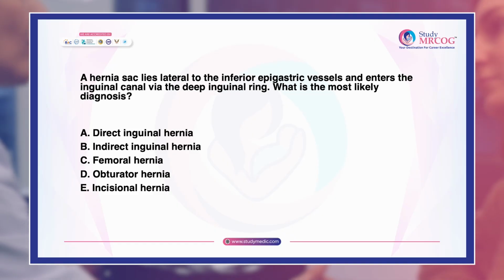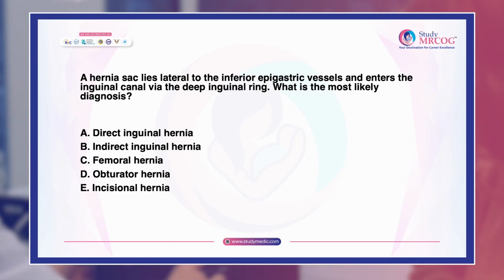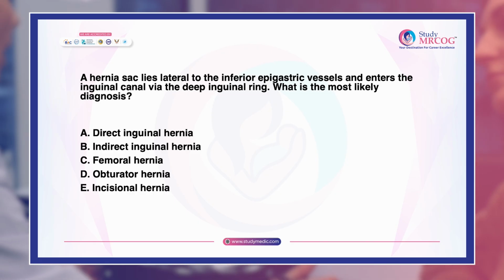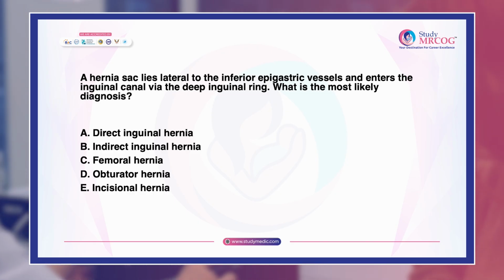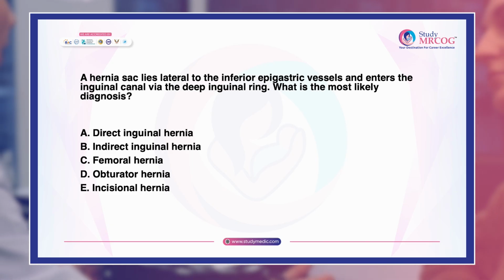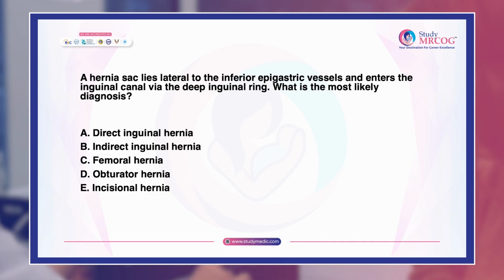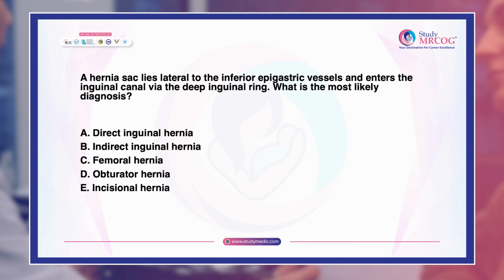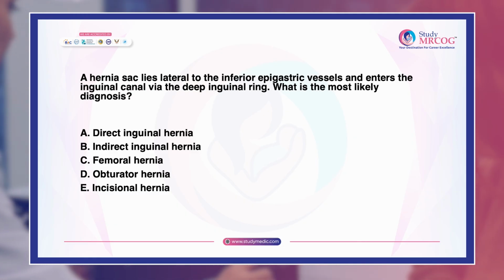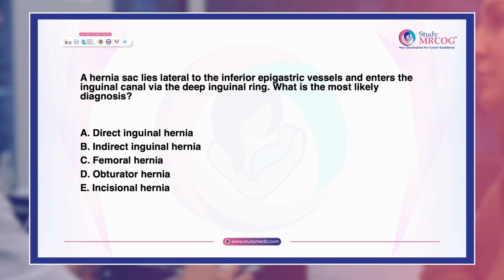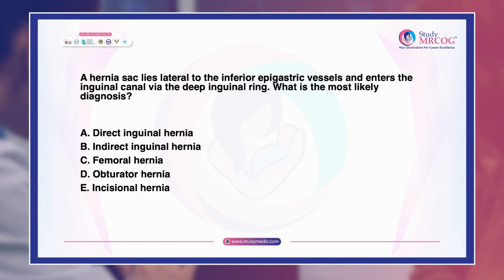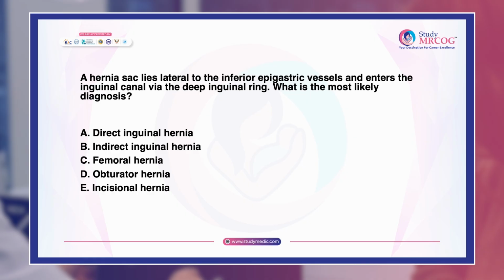So let us go through a few questions which will help us to not only understand the topic better but also to recapitulate the entire topic. A hernia sac lies lateral to the inferior epigastric vessels and enters the inguinal canal via the deep inguinal ring. So what is the most likely diagnosis? Is it A, direct inguinal hernia, B, indirect inguinal hernia, C, femoral hernia, D, obturator hernia, or E, incisional hernia?